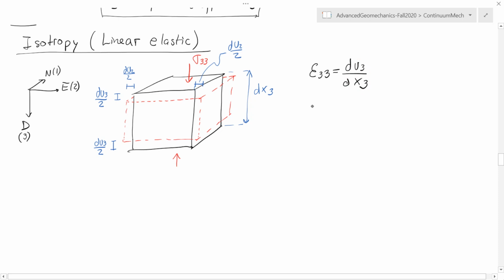The strain in direction 2, the linear strain, is the change of length in direction 2 divided by the initial length in direction 2, which in this case, I forgot to add, is dx2.